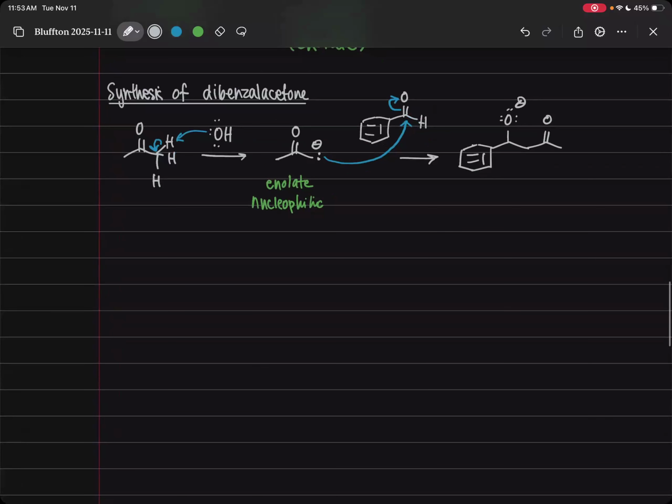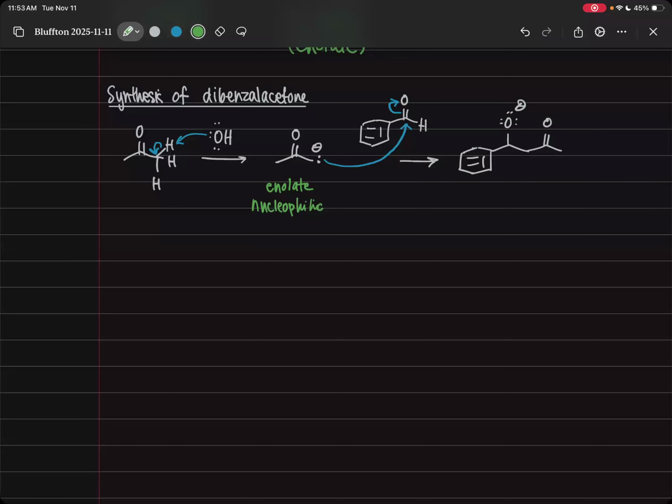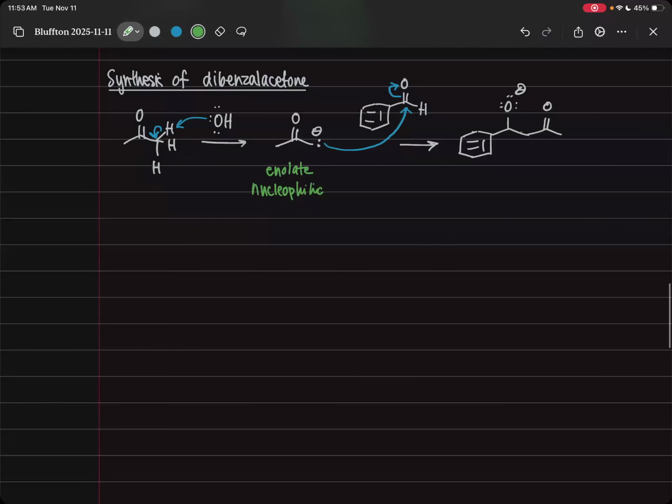So the new bond that we formed is right there. You can see the benzaldehyde molecule on the left and the acetone on the right.